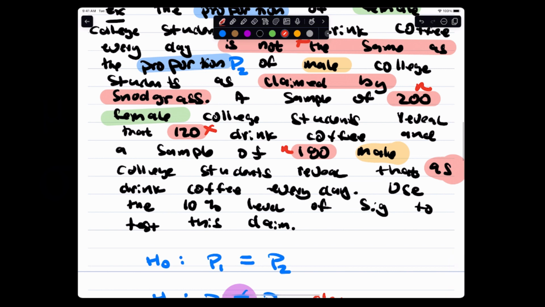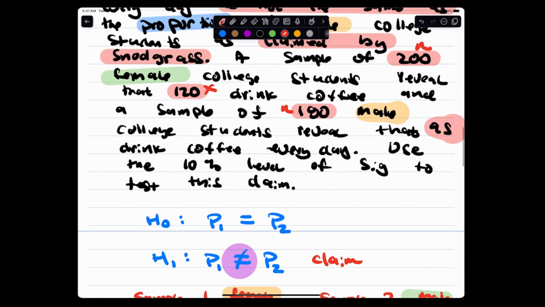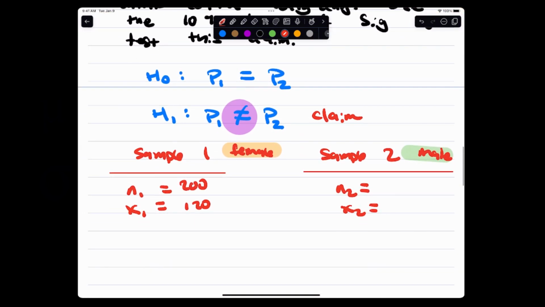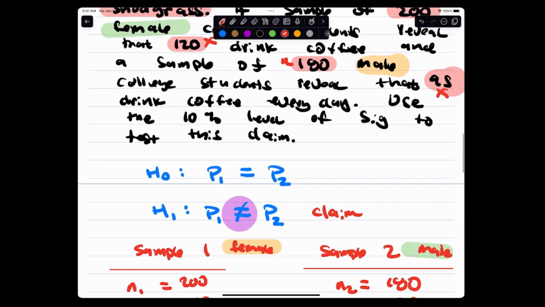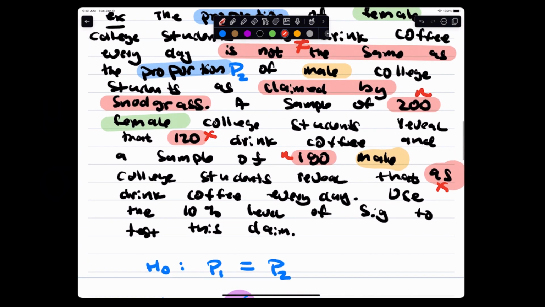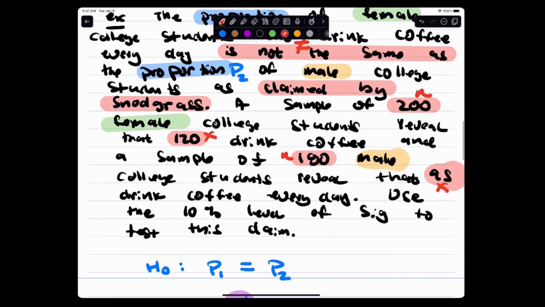Sample of 180 males revealed that 95. So this is going to be 180 and 95. Is that right? You guys okay with that? You agree with those statements? As you read that, did you write it down?